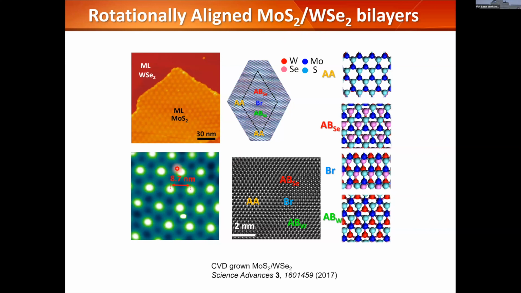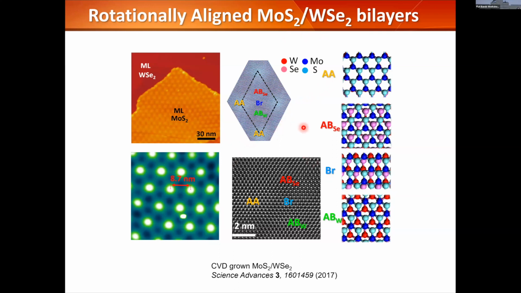This particular image is a topography measurement that shows that at the AA local stacking, the spacing between the 2 layers is the largest, perhaps translating into weaker interlayer coupling at this local site. And then you would also have several other high symmetry stacking points, and the bridge points between them.